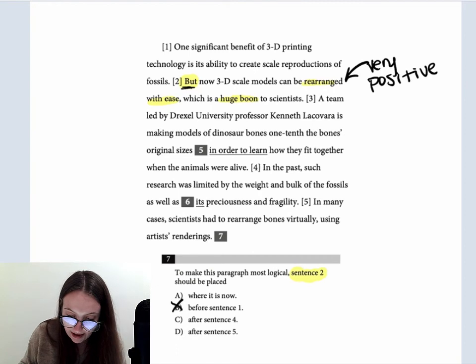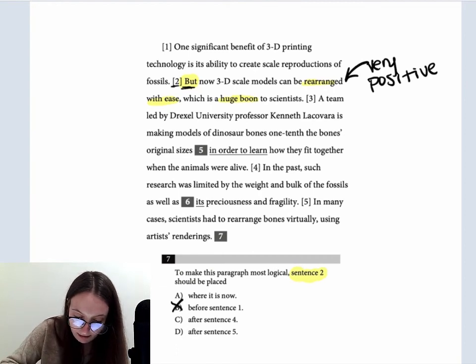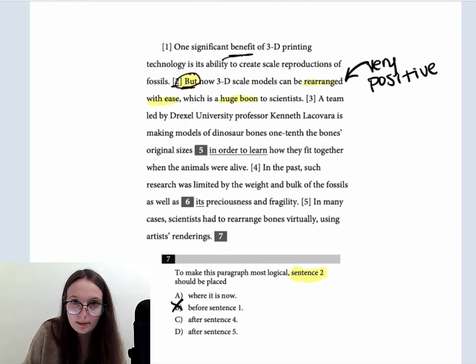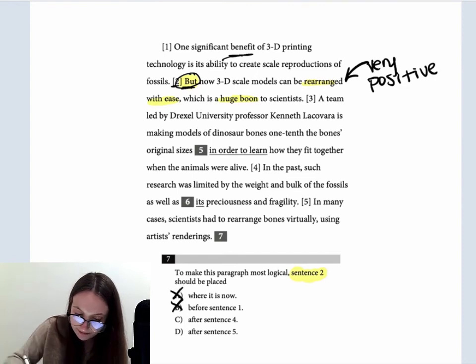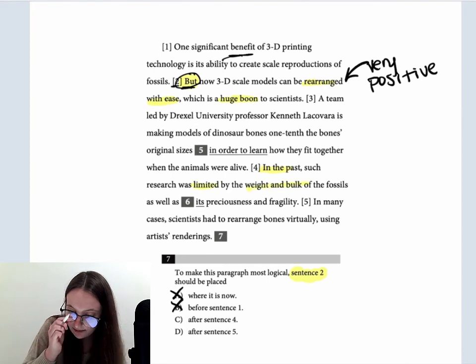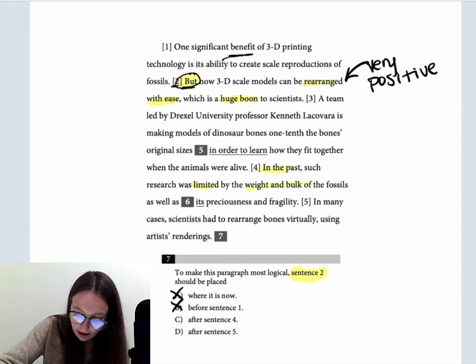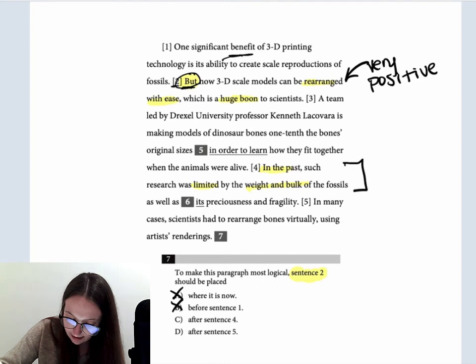All right, where it is now, that would be keeping it right here. They're talking about a benefit, but that doesn't make sense then to say but because we're also talking about something positive. So there's no contrast there. So it can't be where it is now. After sentence 4, so in sentence 4, they say in the past, research was limited by the weight and bulk of the fossils. All right, so now we're talking about something that's negative right here.